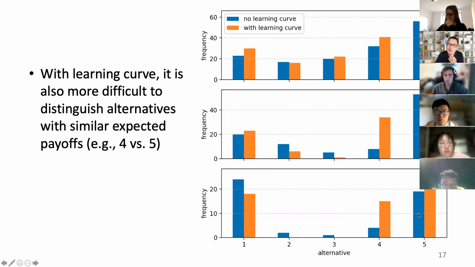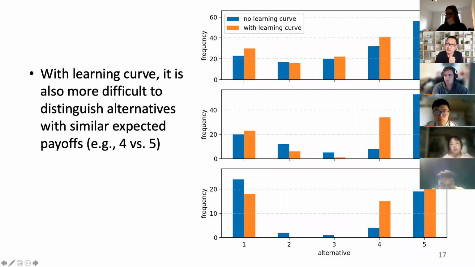You see here more participants without the learning curve are likely to discover the best outcome, which is alternative 1. And another interesting observation is that many more participants in the learning curve treatment are likely to stick to the second best alternative here, right? Because it's kind of like a path dependence.